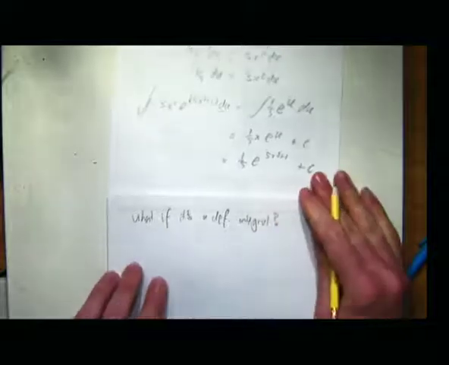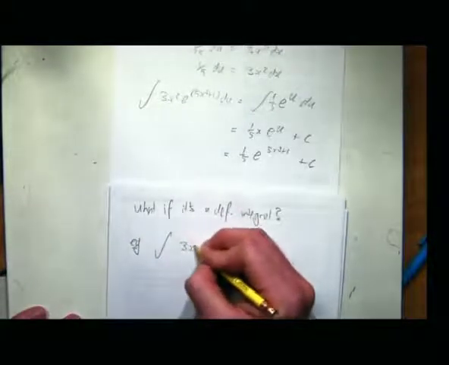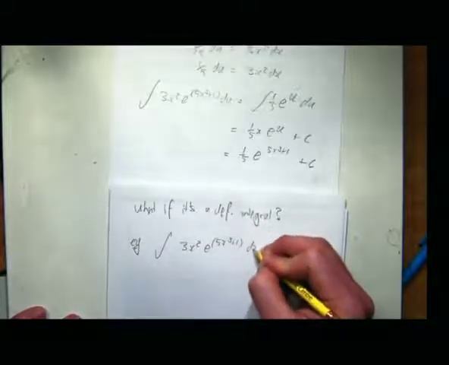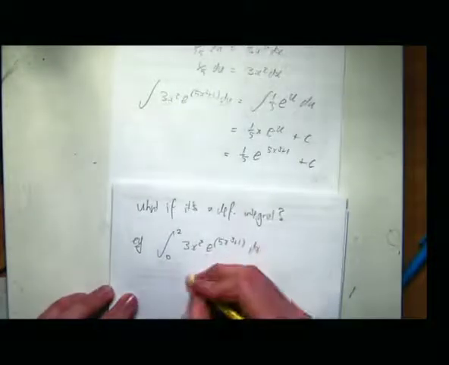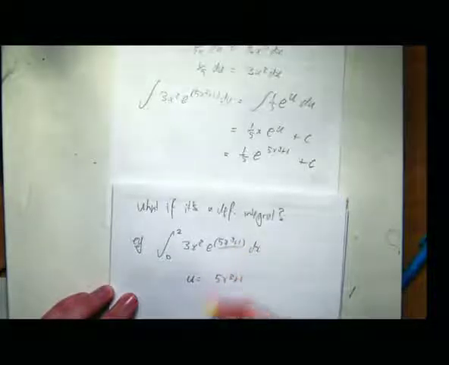What if it's a definite integral? So what if I do that same one, but with a definite integral? From 0 to 2, say. Well, in that case, I'll still do everything that I used to do. I'll still go u equals 5x cubed plus 1 because that's the bit on the inside.